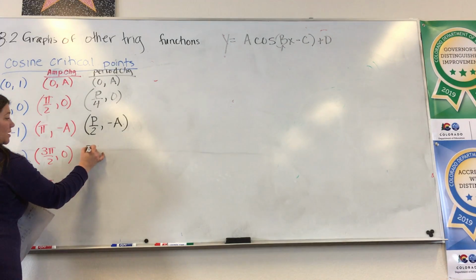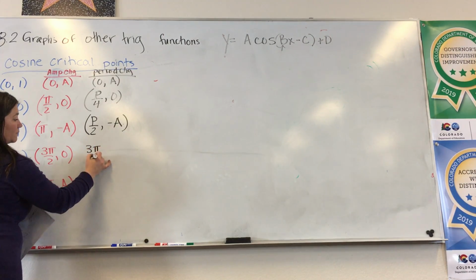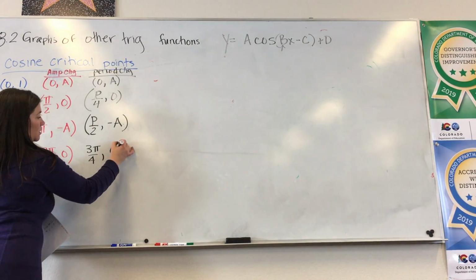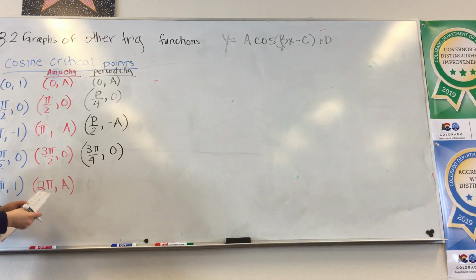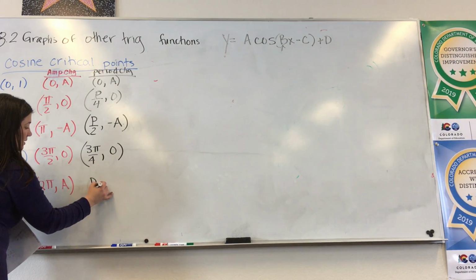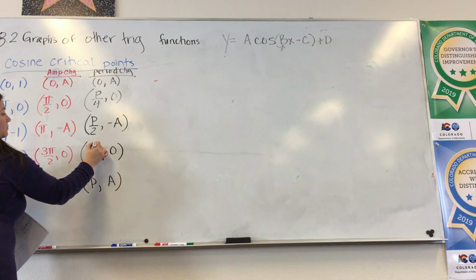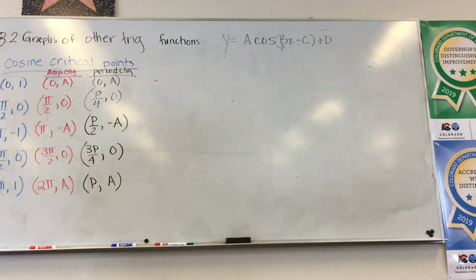Then 3/4 of the period is a 0. Wait, did you write 3 pi, or 3 pi fourths? 3 P over 4, okay, thank you.